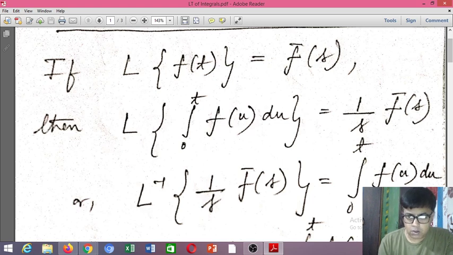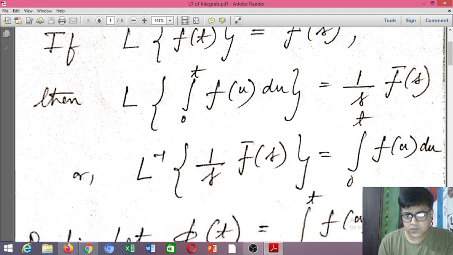Now more generally, the formula is used in the inverse sense. If you take the inverse Laplace transform on both sides, you will get L inverse of (1/s) f bar(s) equal to the value of this integral from 0 to t of f(u) du.